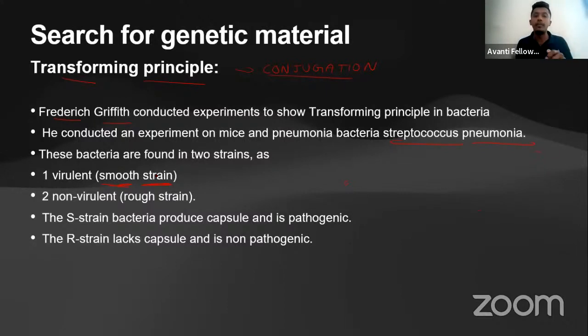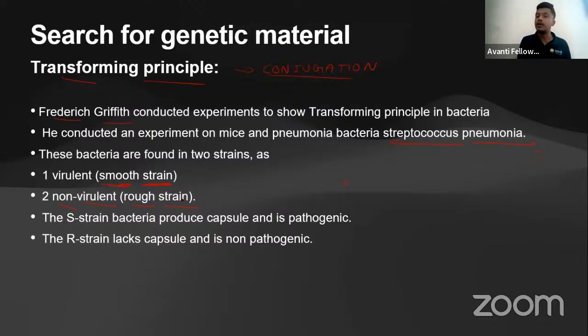That is why we call them virulent bacteria, or virulent Streptococcus pneumoniae. The other one is a non-virulent bacteria. Because of the lack of this capsule, their colonies look quite rough when we observe them under the microscope. So the other one is called the non-virulent strain, or rough strain. The rough strain does not cause a disease, whereas the smooth strain does.